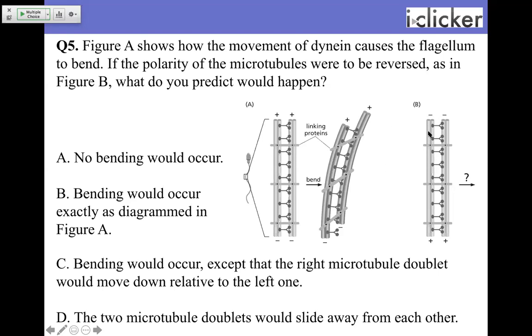They can't slide relative to each other, but we would have our bending towards the left instead of to the right. We're trying to emphasize it's that directional movement of the motor protein that causes this directional change in the shape of our microtubule doublets.